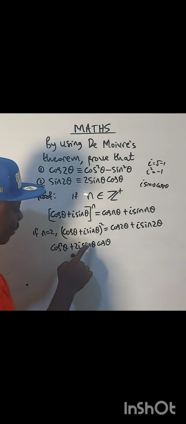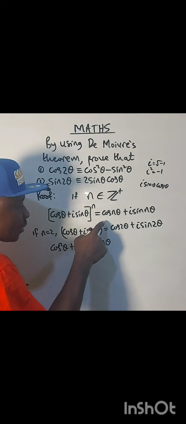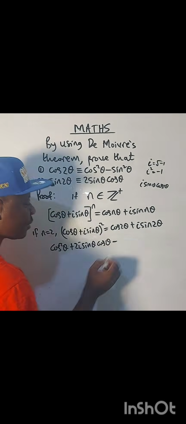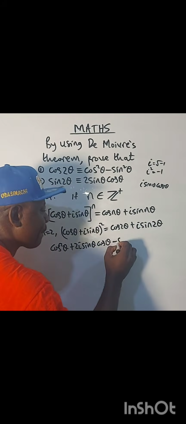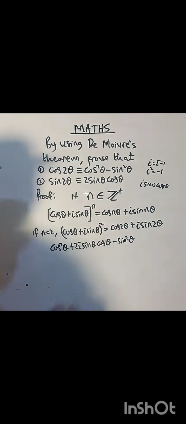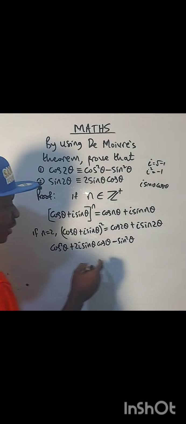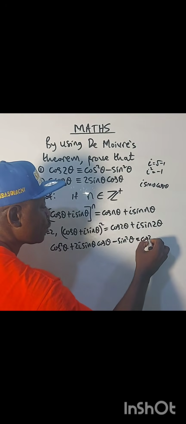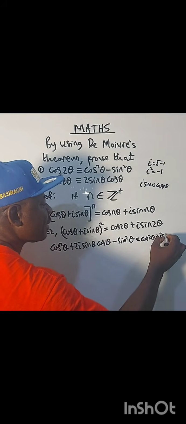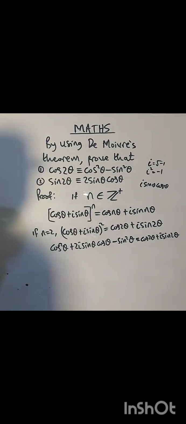So now this will give us i squared will be minus 1, which is minus sin squared theta. So this will still be identically equal to cos 2 theta plus i sin 2 theta.